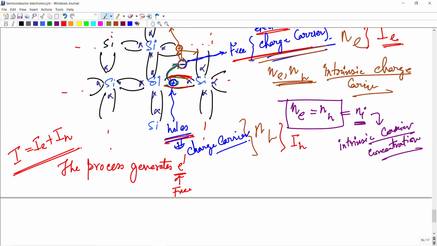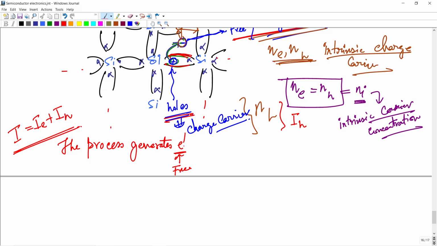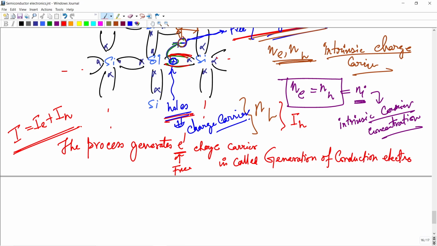They are free charge carriers. This process is called generation of conduction electrons.